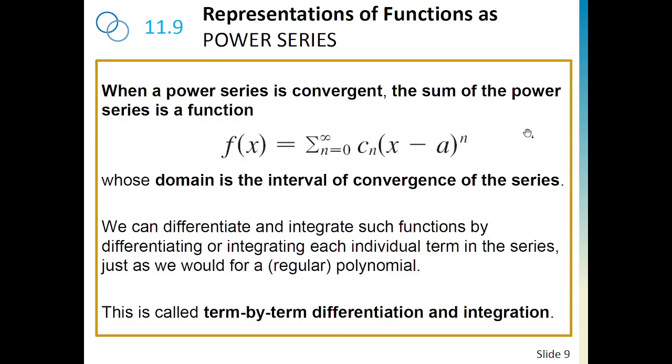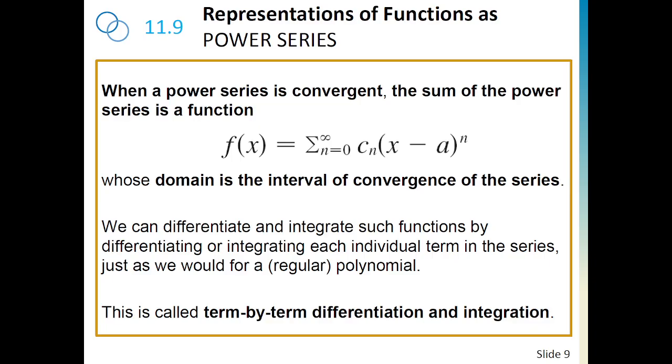Since this is a power series, we know that we have some properties for the power series. So we have the interval of convergence that we find using the ratio test. So in this situation here for our geometric series, we already know the interval of convergence. We don't need to do any work for it. But what we learned in 11.8 is that power series can be integrated and differentiated term by term.